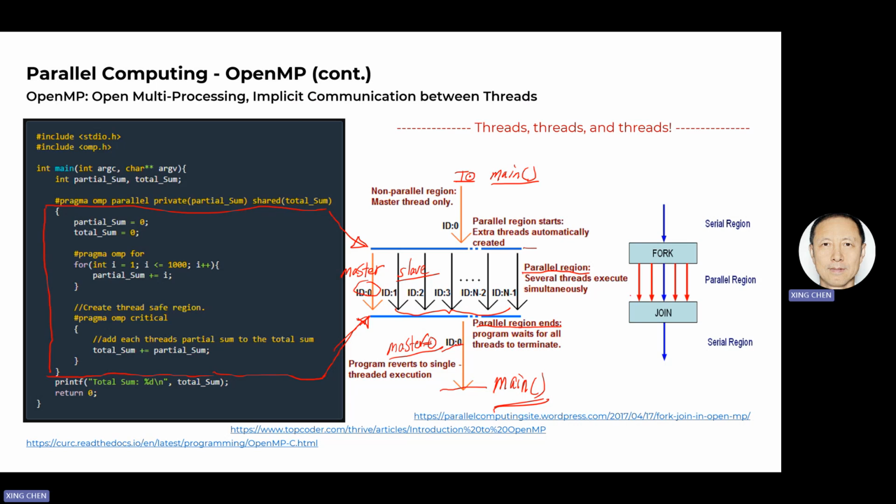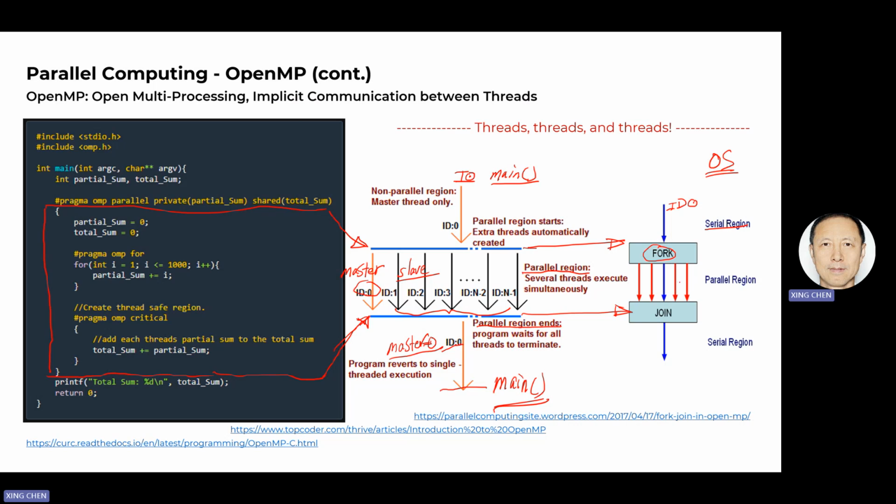Okay, so here it is shown again, but this is from the point of view of the system. From the operating system point of view, you have this 0 region, you have this ID 0 thread, and then you get into this parallel region, and the system is going to fork a lot of threads for you.